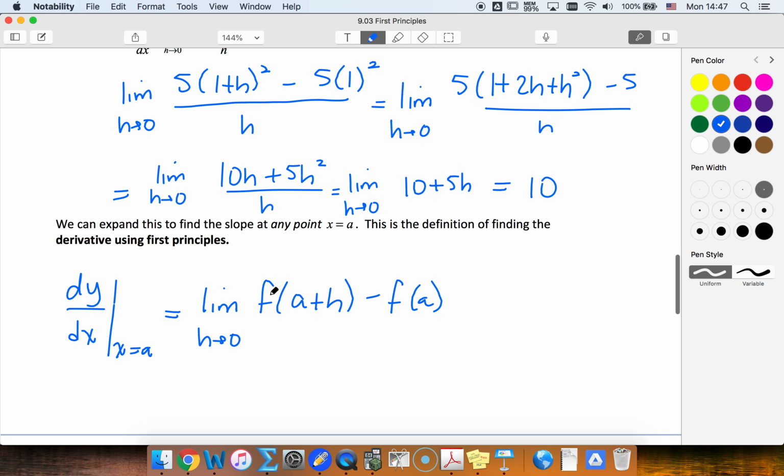So think about it, y value shifted a little bit away from our point that we care about. Our x values are a plus h minus a, which leaves us with just h. So this limit definition is called first principles.